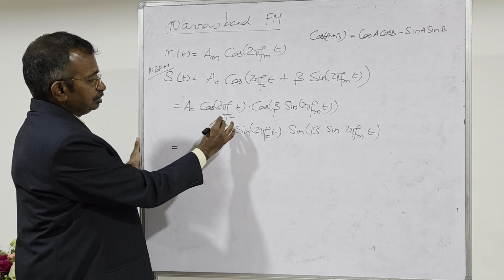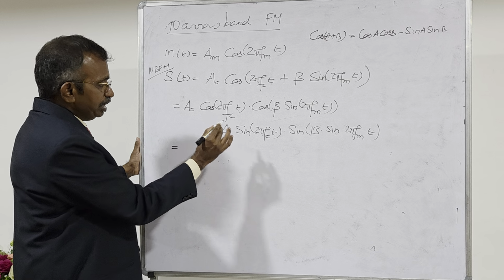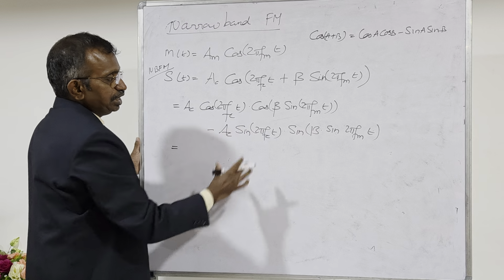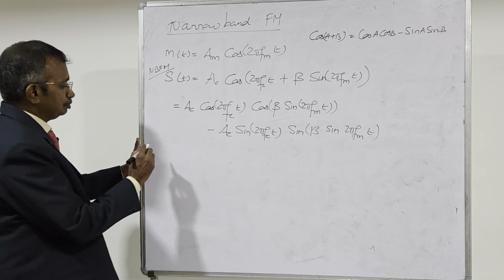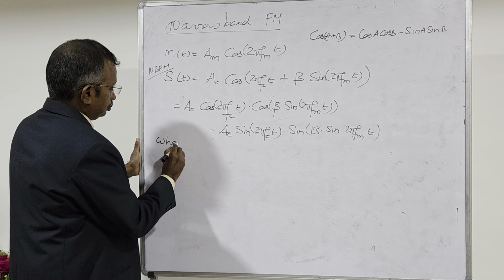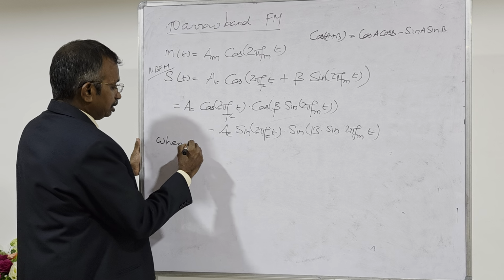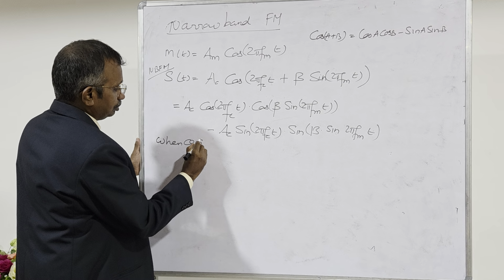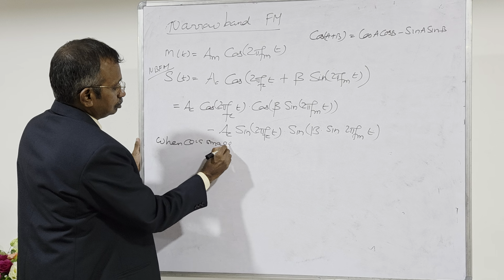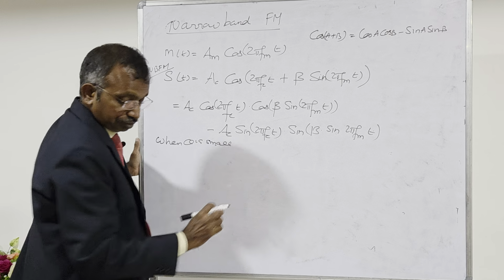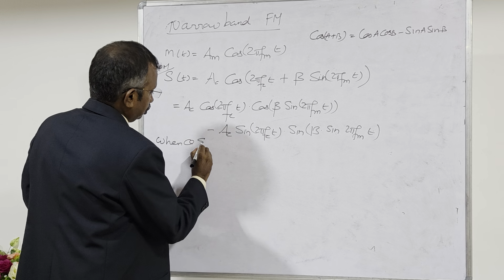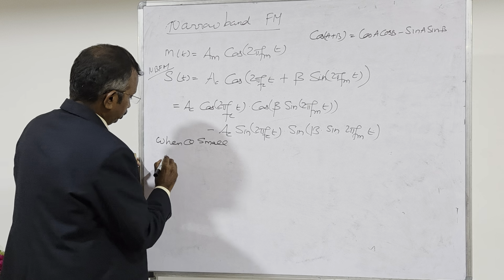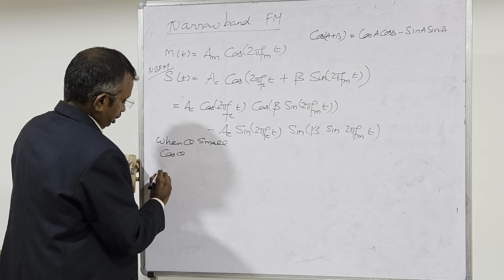Here you can see, when beta is small, what happens to these two terms? You have to see that this is the term that contains beta. So, when beta is small, or let us say when theta is small, what happens to cos theta and sin theta?